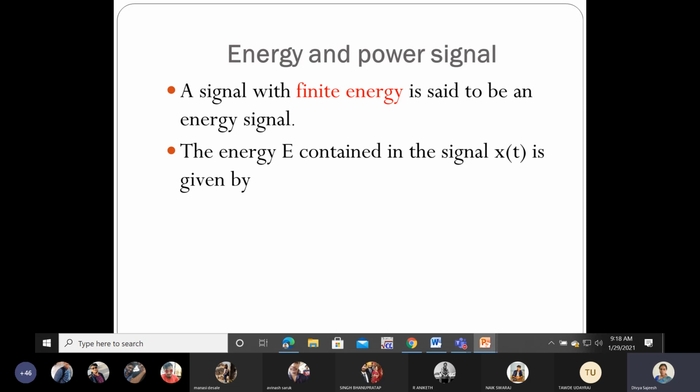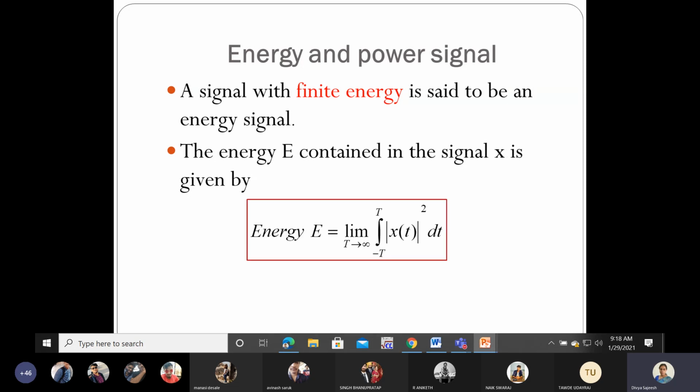The energy contained in the signal can be found using the formula: limit T tends to infinity, integral from minus T to T, that is the interval, of x(t) squared dt. So the energy in the signal can be found using this formula.